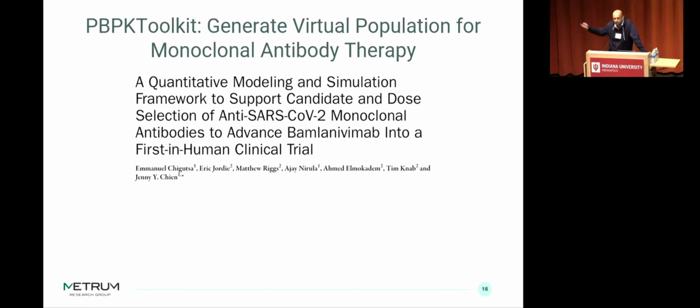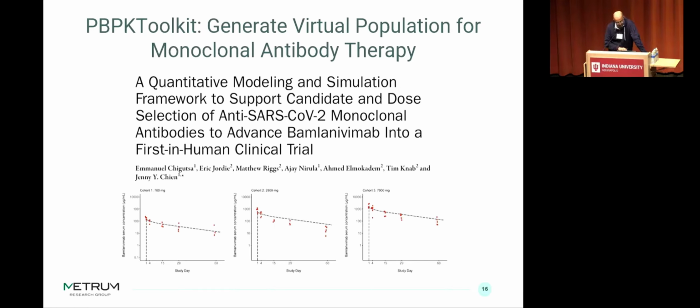So to do that, we needed to introduce the virtual population, to generate the population and to see whether we cover like 90% of the individuals, okay? So that's what we did here, and it worked quite well. The gray shaded region here is the predictions with the virtual populations.